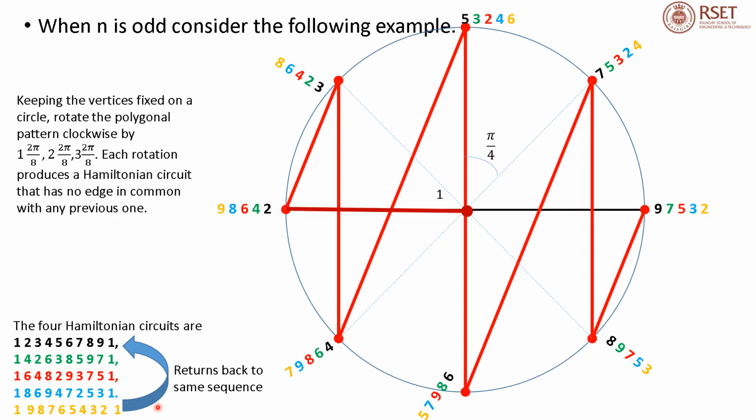Both are the same. That means if there are 9 vertices in a complete graph, you can find exactly 4 edge-disjoint Hamiltonian circuits. That is (n minus 1)/2 where n equals 9. 9 minus 1 by 2 is equal to 4.